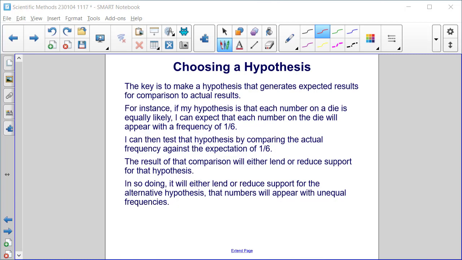I can then test that hypothesis by comparing the actual frequency against the expectation of 1/6. The result of that comparison will either lend or reduce support for that hypothesis. In doing so, it will either lend or reduce support for the alternative hypothesis that numbers will appear with unequal frequencies.